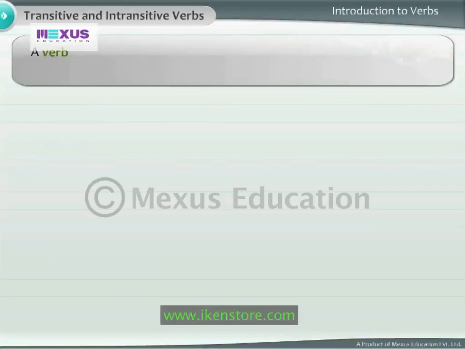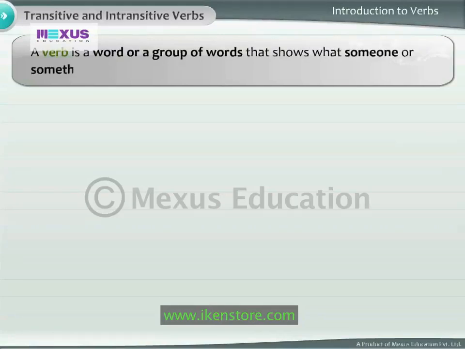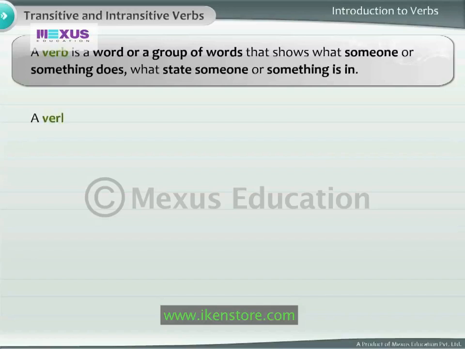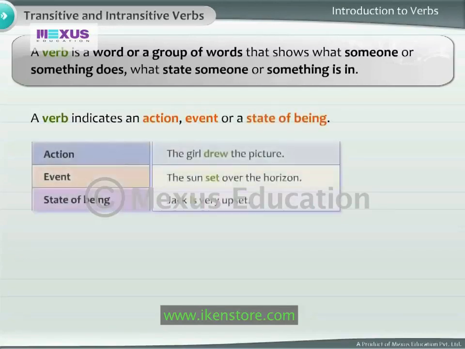A verb is a word or a group of words that shows what someone or something does, or what state someone or something is in. A verb indicates an action, event, or a state of being. Consider the examples in the following table.